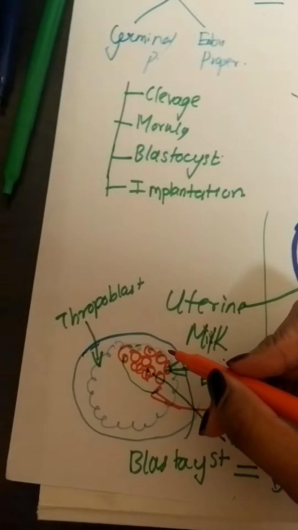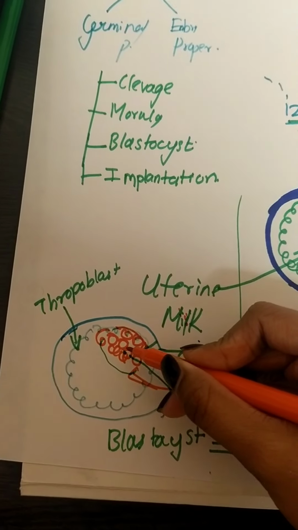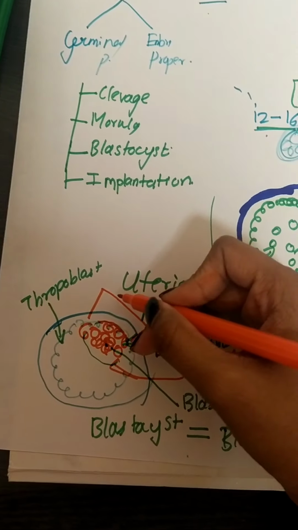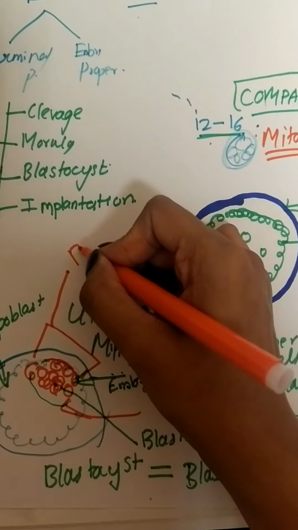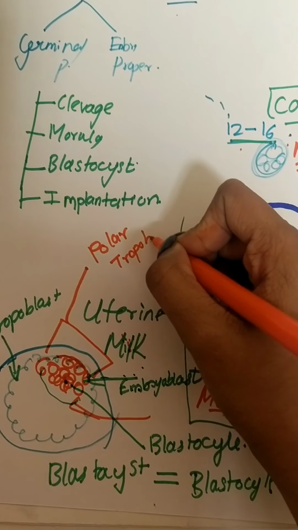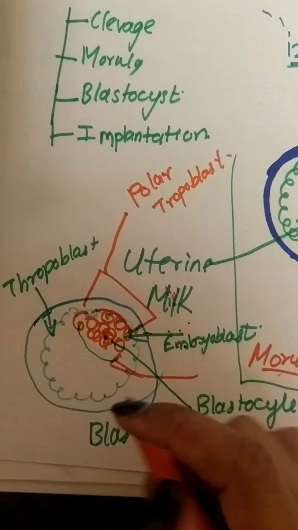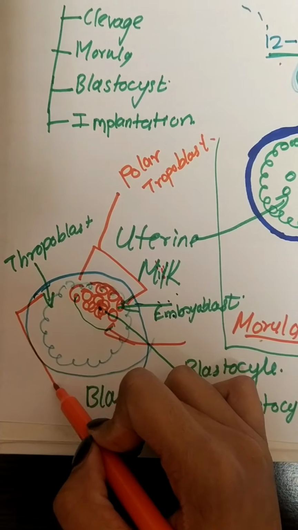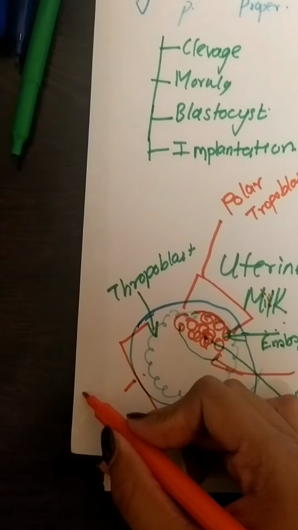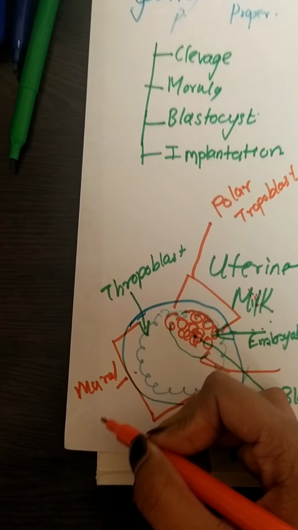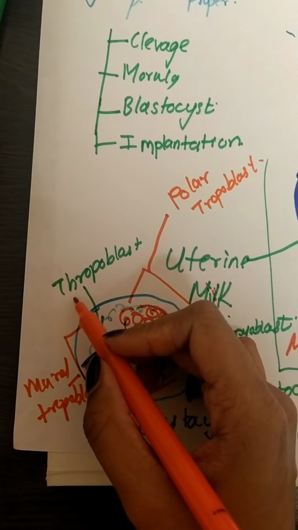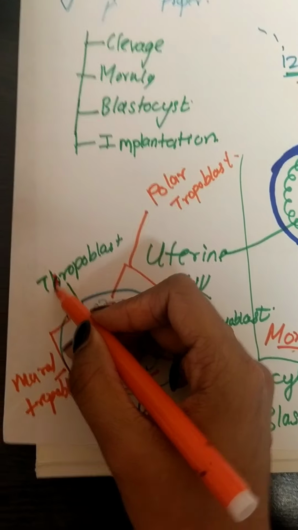The point where the embryoblast is touching the trophoblast is called the polar trophoblast, and the free part which is not attached to the embryoblast is called the mural trophoblast. I'm so sorry, I wrote the spelling wrong here.